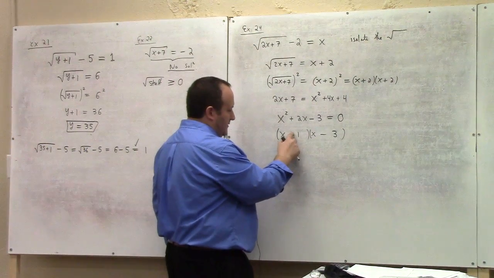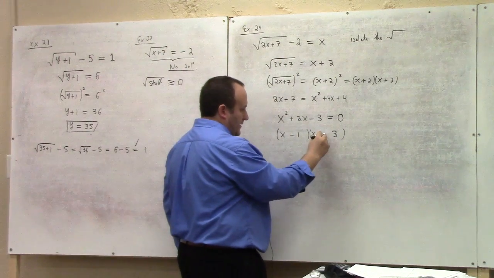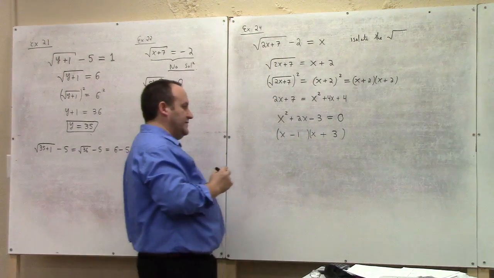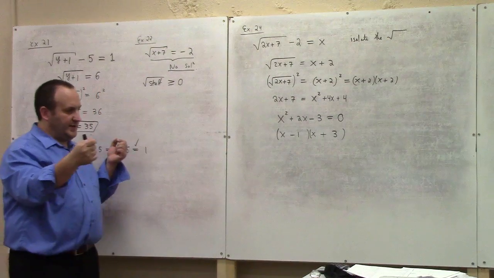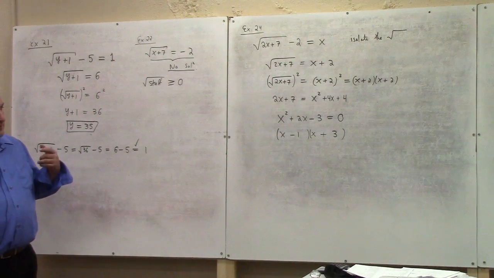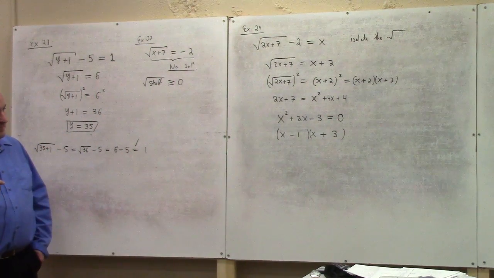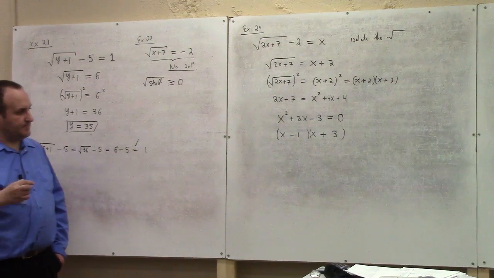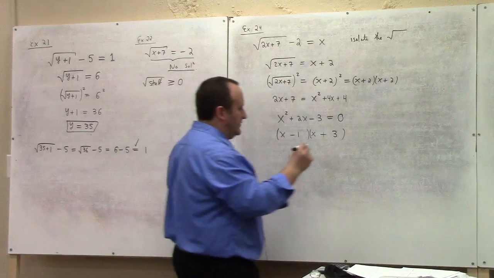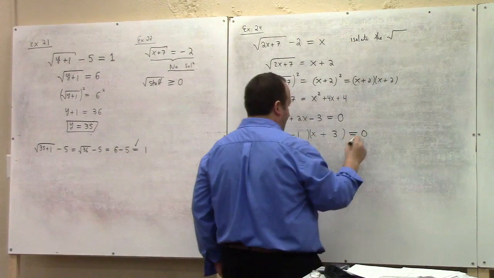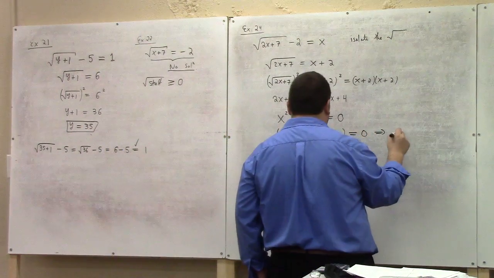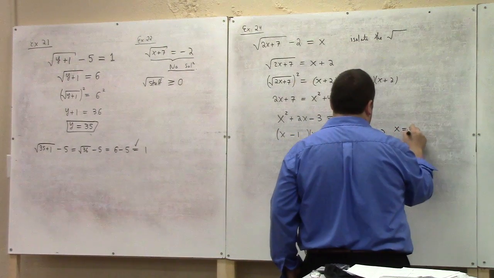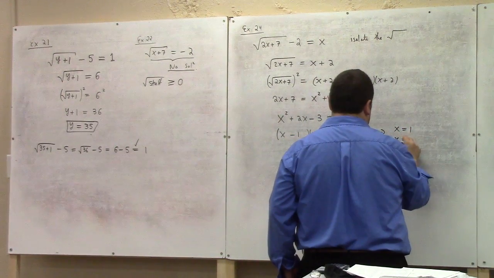So x minus 1 and x plus 3, I think that'll do it for us, because then we get a minus x, but a plus 3x. So the cross term of 2x we recover from this factoring. And that, of course, is equal to 0, so what's that tell us? x equals 1, or x equals minus 3.